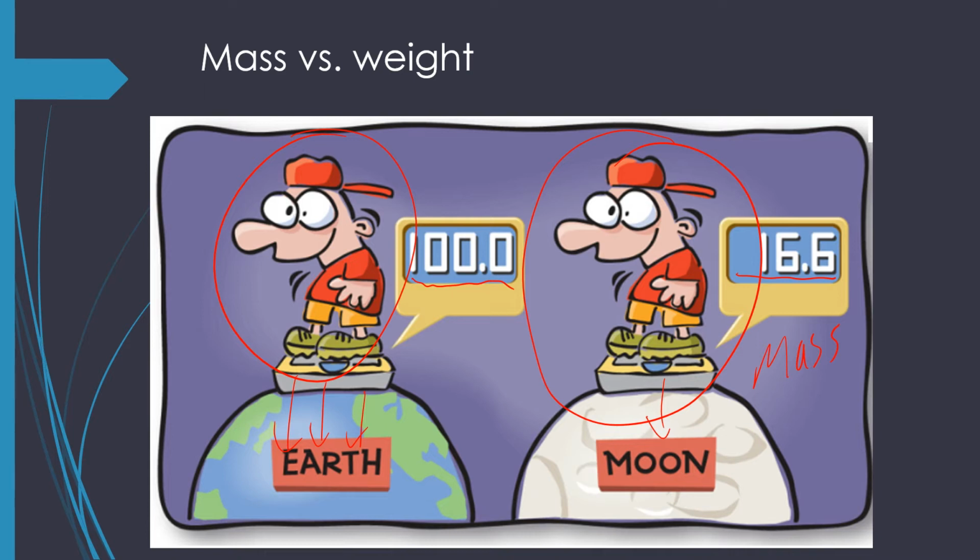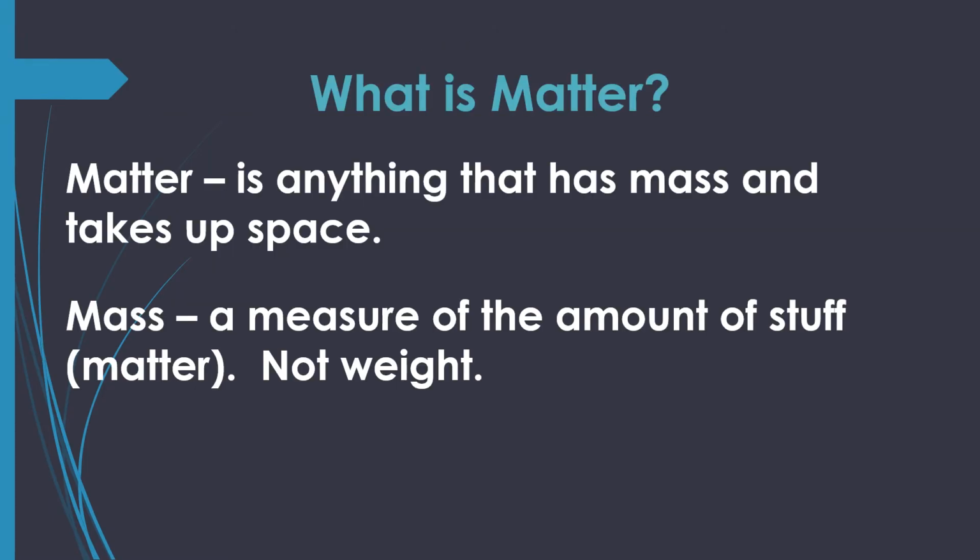And that should be true of anything. So we call that the mass. Mass is not weight. Unfortunately, to confuse you, it's measured on a scale. But mass has the units of grams. So this will be grams, and that's important.